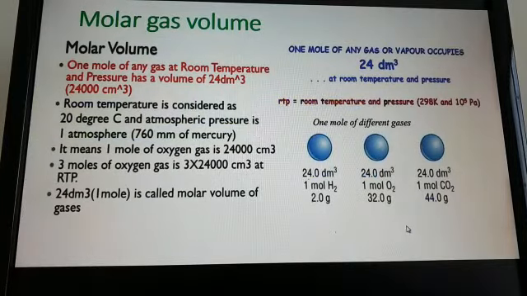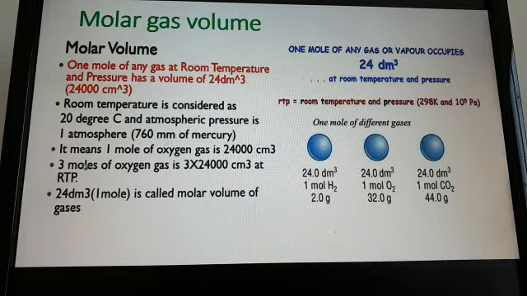Next one is molar gas volume. What do you mean by molar volume? One mole of any gas at room temperature and pressure has a volume of 24 dm³. This is called the molar volume. One mole of any gas or vapor occupies 24 dm³ at RTP, room temperature and pressure. Room temperature is considered as 20 degrees Celsius and atmospheric pressure is 1 atmosphere, that is 760 mm of mercury.